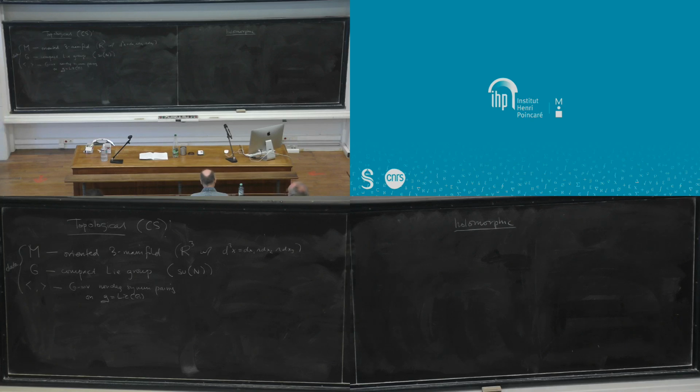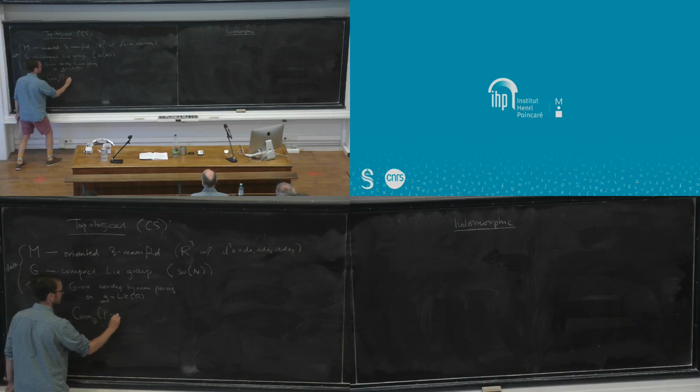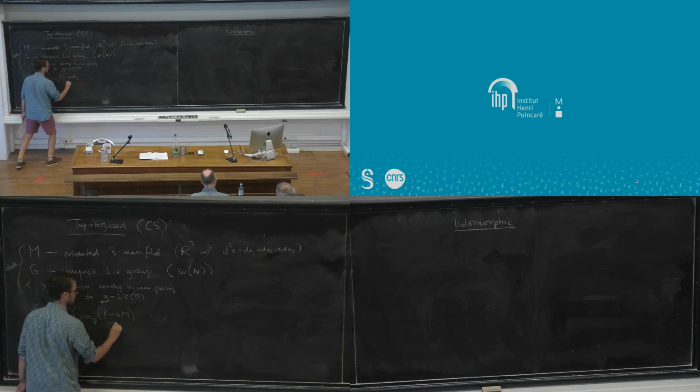And then as a field theory, the fields would be the G connections on some principal G bundle over M. So this is some principal G bundle.